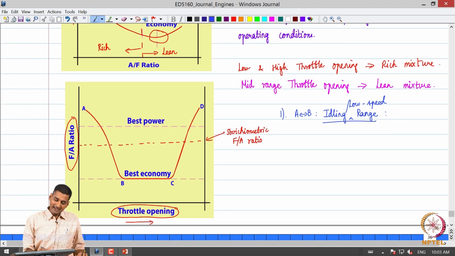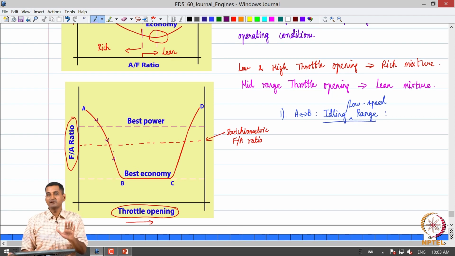But as I go from idling and start accelerating, we can see that the fuel air mixture becomes progressively leaner. It starts from a very rich mixture and becomes progressively leaner as we keep on pressing the throttle opening. What happens typically when we drive a car from rest, we put it in first gear, we press the throttle opening gently.